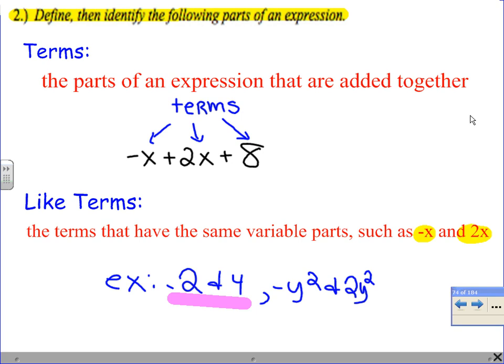By definition. Yep. The only restriction is same variable parts. We don't care about positives and negatives. Charles. Correct. Okay. Multiplication is completely different than addition and subtraction. And I'm getting to that, so hold that thought.